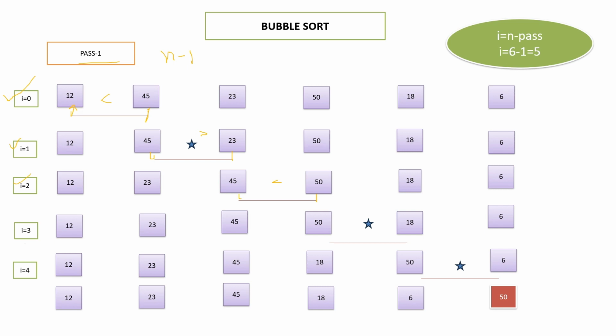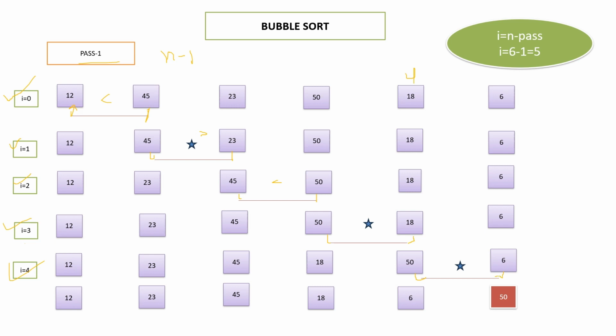We move forward to i equal to 3, and our pointer is here. 50 is greater than 18, so we need to swap them. When i is equal to 4, our pointer is at the fourth index of the array, and we are comparing the fourth index element with the fifth index element.